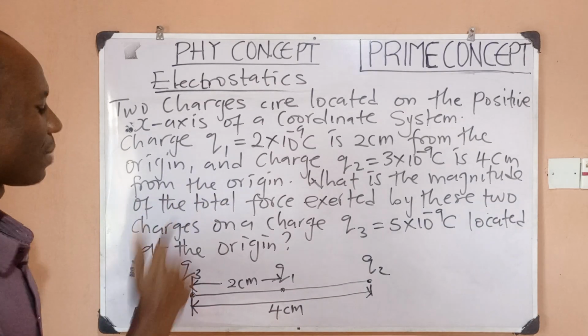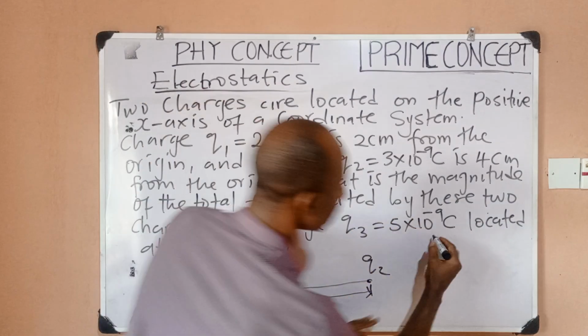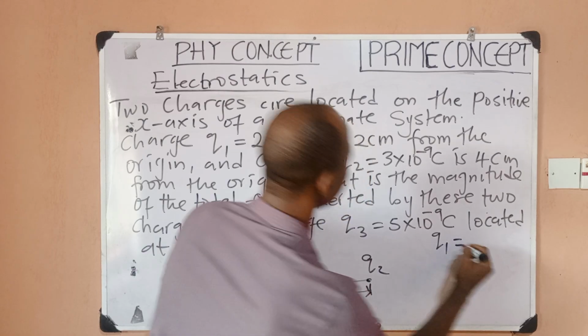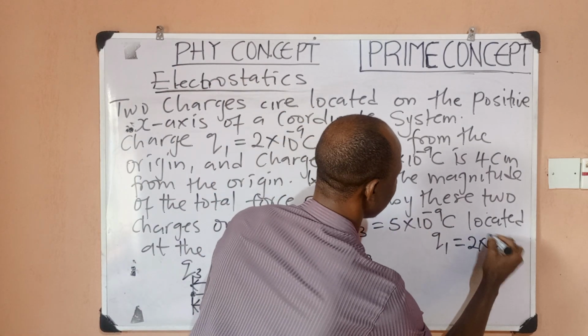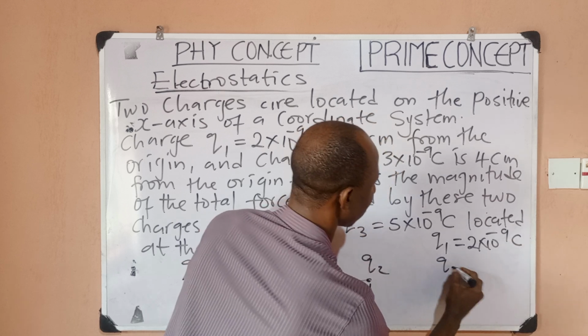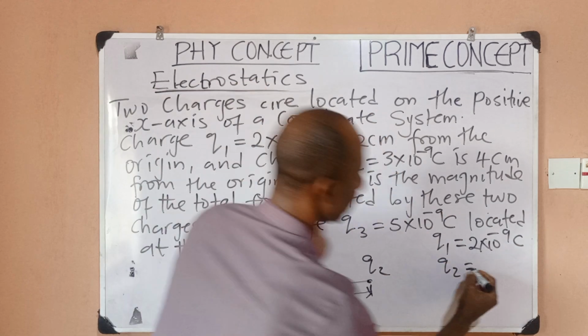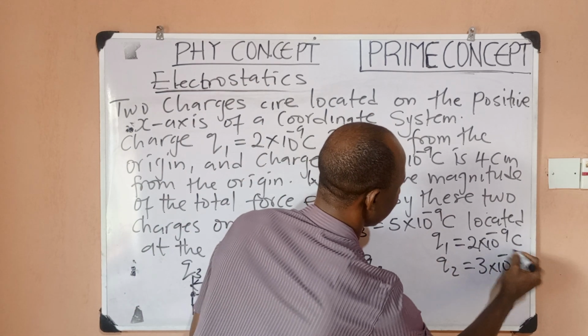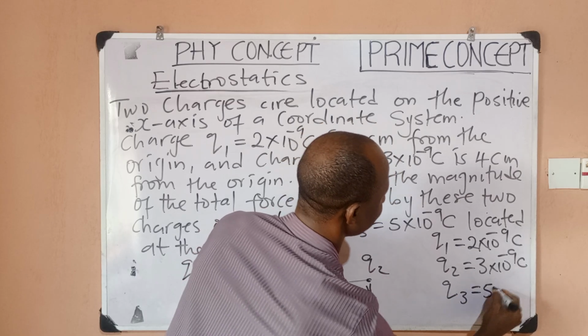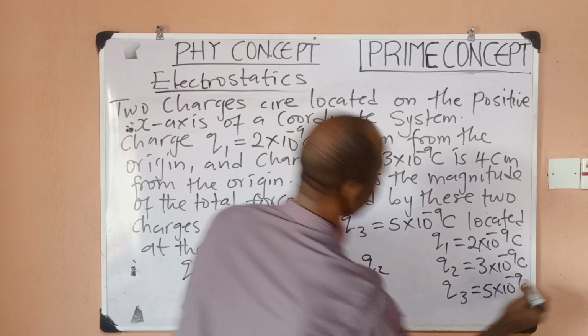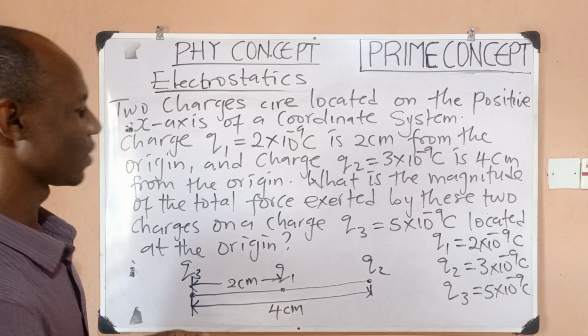I'm going to bring out my parameters. The value for Q1 is 2 times 10 to the power minus 9 Coulomb. Q2 is 3 times 10 to the power minus 9 Coulomb. Then Q3 is 5 times 10 to the power minus 9 Coulomb. Remember, they are all positive.